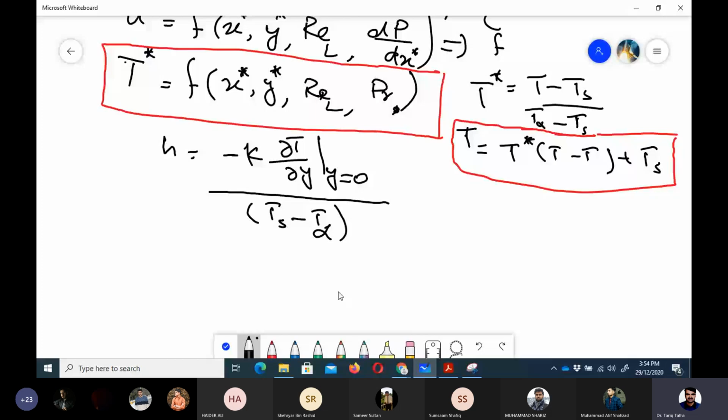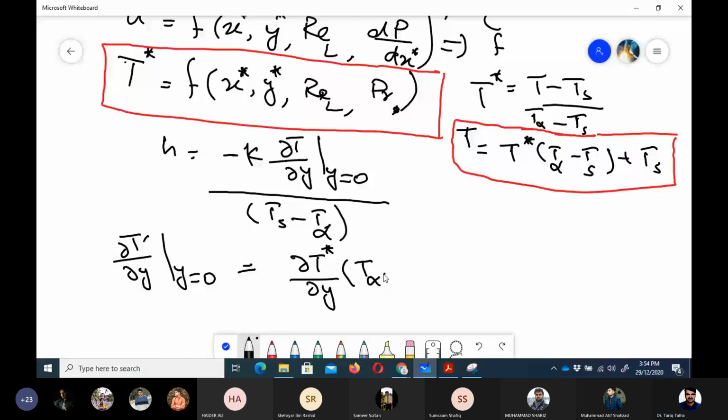So now if I put it in this formula, if I write partial T by partial y at y equal to 0, I can write it as partial T star upon partial y into T infinity minus Ts, right, plus partial Ts by partial y at y equal to 0.